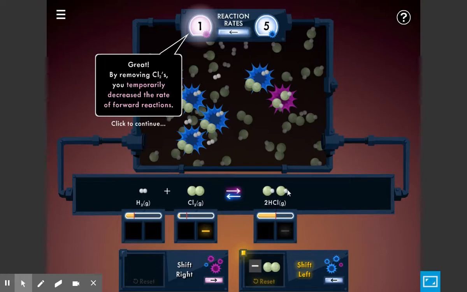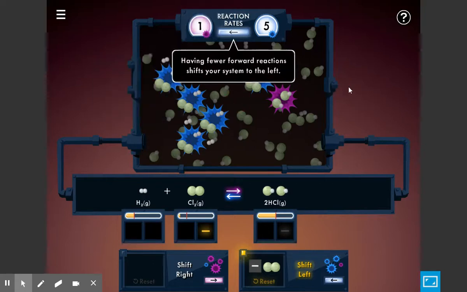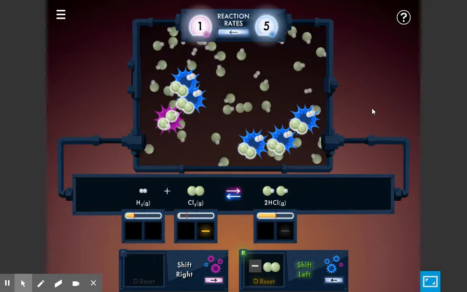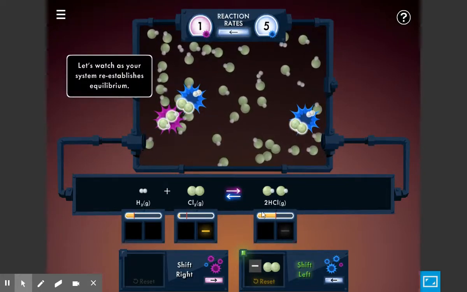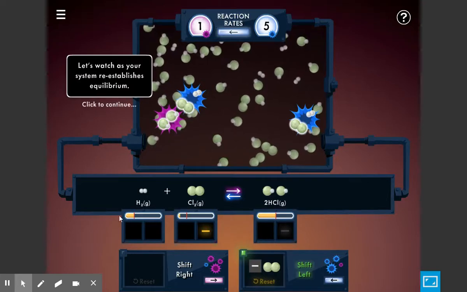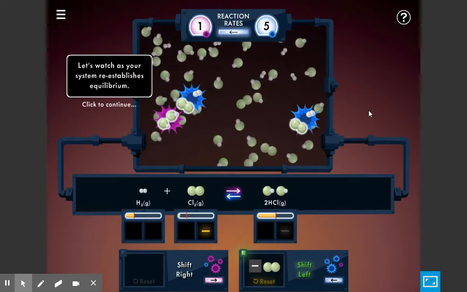So if the rate of my forward reaction is decreased, then I will shift towards the left since the rate of my reverse reaction is higher. You can expect that HCl will decrease and Cl2 and H2 will increase to replace what was lost.